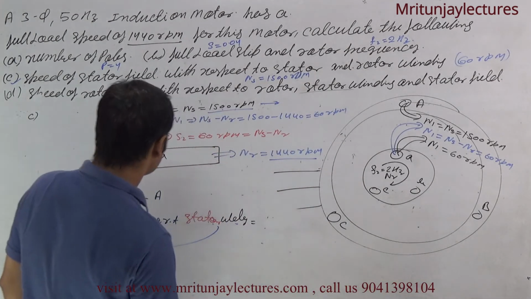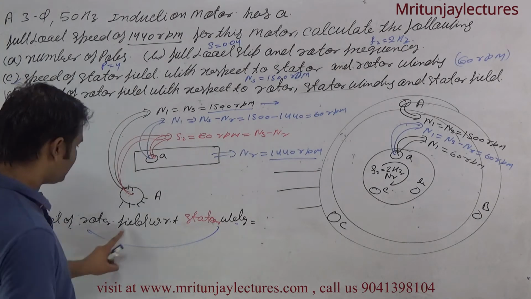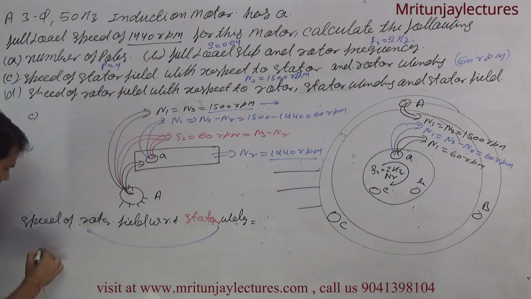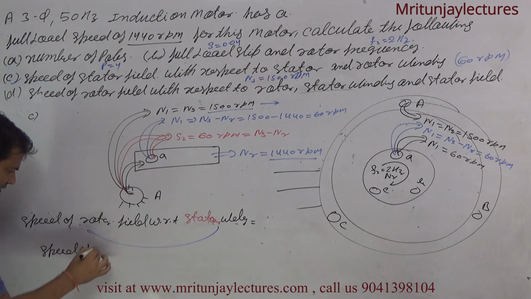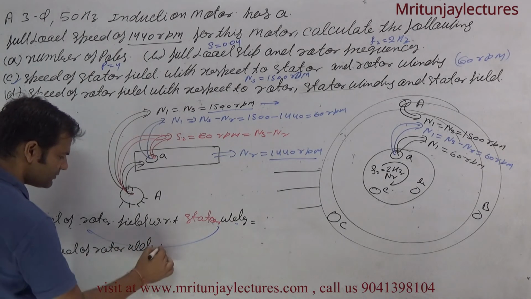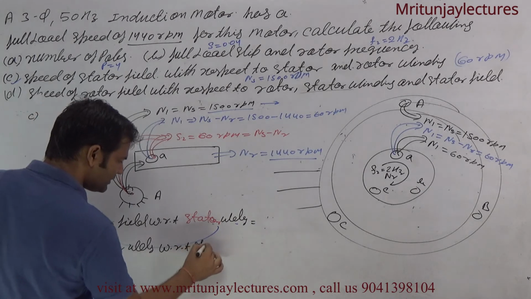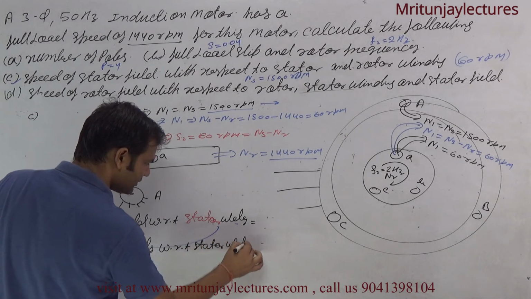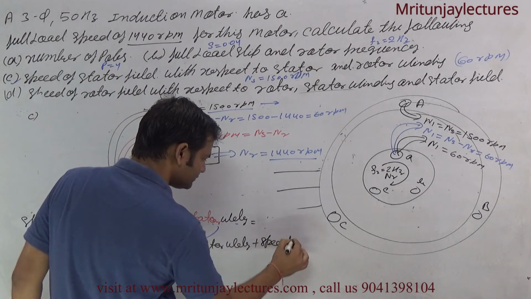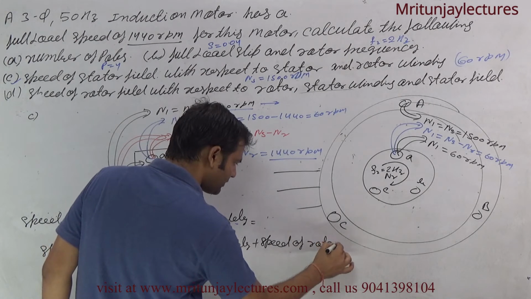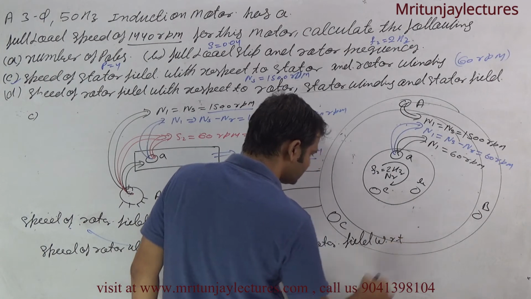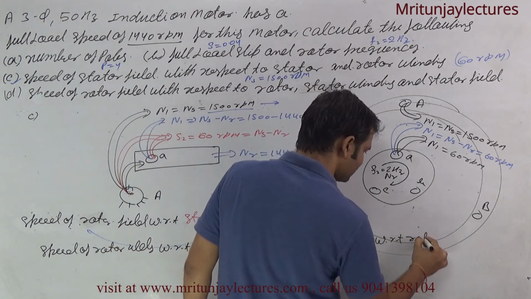I know that the speed of the rotor field with respect to the stator winding is written as the speed of the rotor winding with respect to the stator winding plus the speed of the rotor field with respect to the rotor winding.